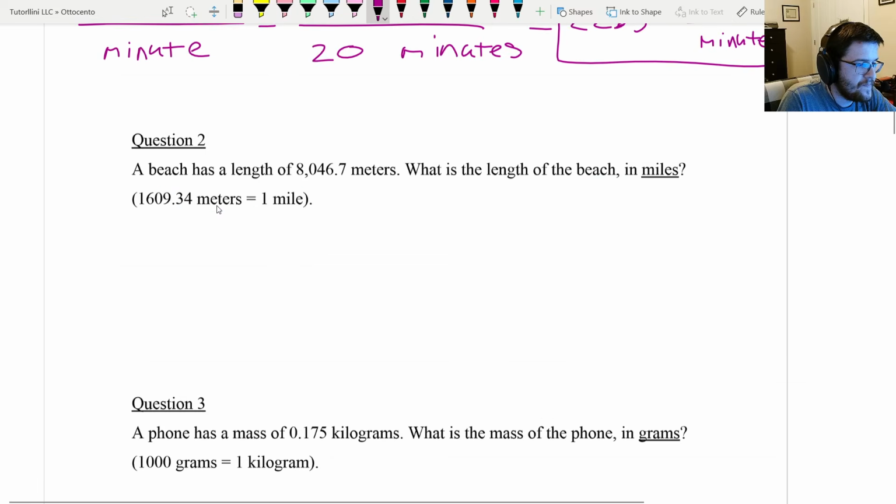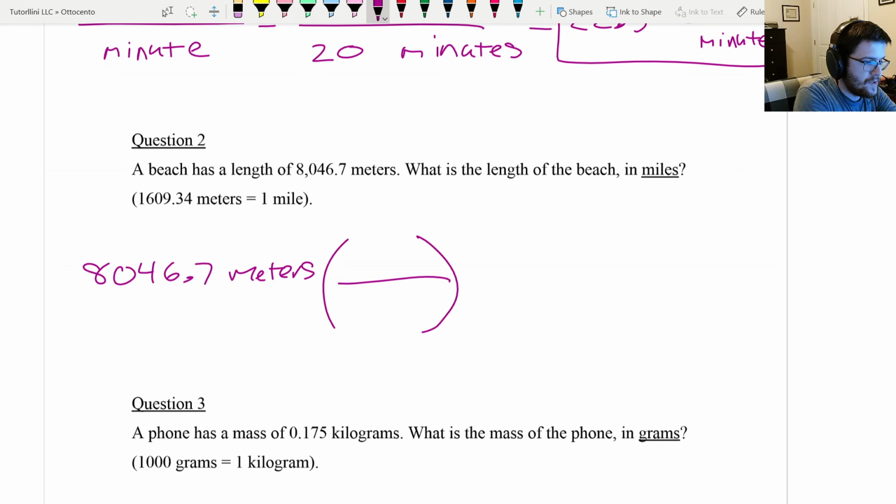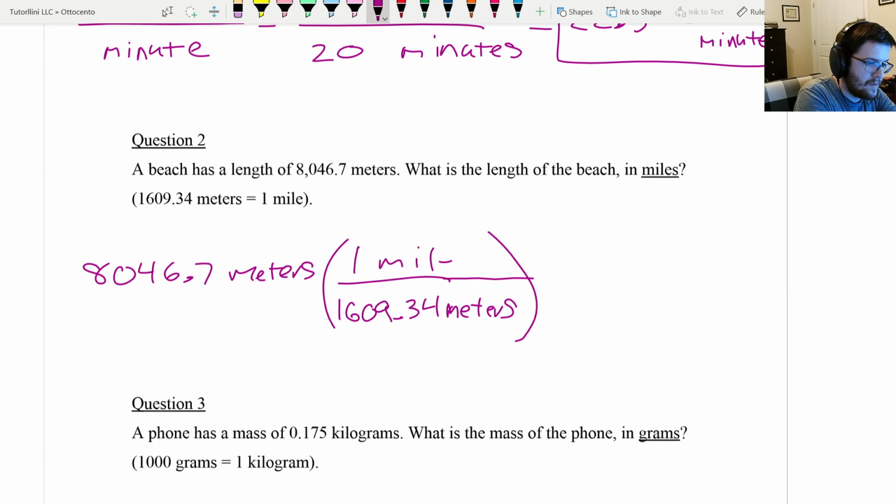All right, very good. Now we're getting into the factor label method, which is the bulk of what we did today. So we've got 8,046.7 meters, and I'm going to put the meters from the unit conversion on the bottom here, and I'm going to put the 1 mile on the top.